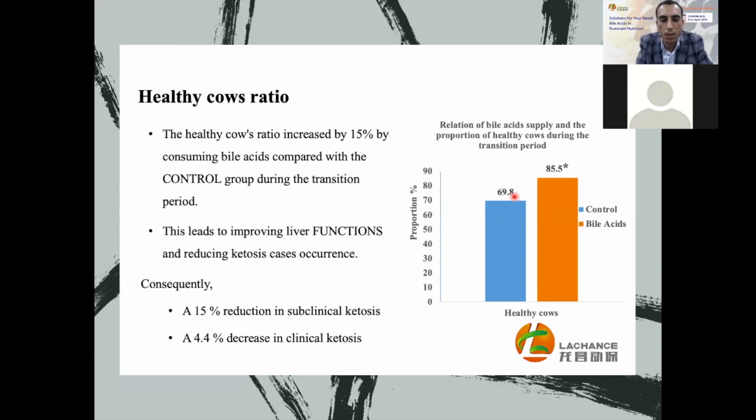This also reflects the improvement in health and the liver when the cow receives bile acid. That means out of 100 cows, 85 cows are in good health, with beta-hydroxybutyrate within the normal level, compared with the control group.